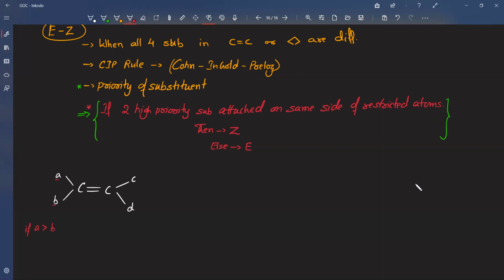Let's say A's priority is greater than B, and in the second one, C's priority is greater than D. Now if you encircle the high priority ones, A and C, they are on the same side of the double bond, the restricted atoms. That's why this will be called Z configuration.